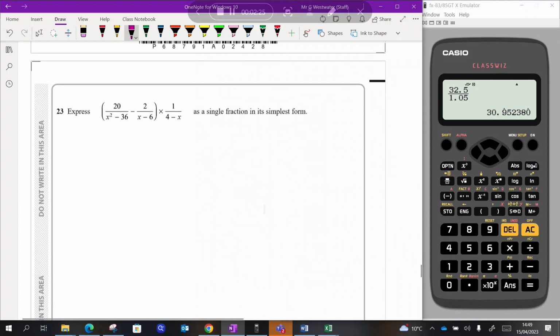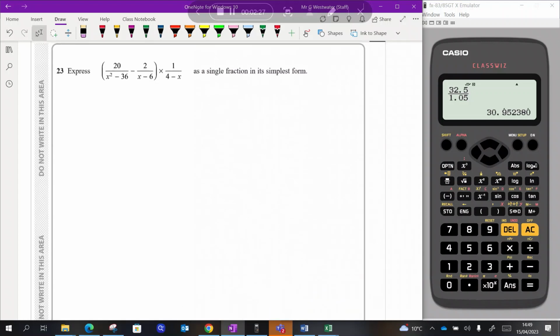Anyway, next, question 23. So the first thing we need to recognise with question 23 is that actually what we've got here is the difference of two squares. So rather than, when we're trying to combine these two fractions, just blindly timesing this fraction by x minus 6 and this fraction by x squared minus 36, we could make life a lot easier for ourselves by thinking about this as x plus 6, x minus 6, minus 2 times x minus 6, okay, times 1 over 4 minus x.